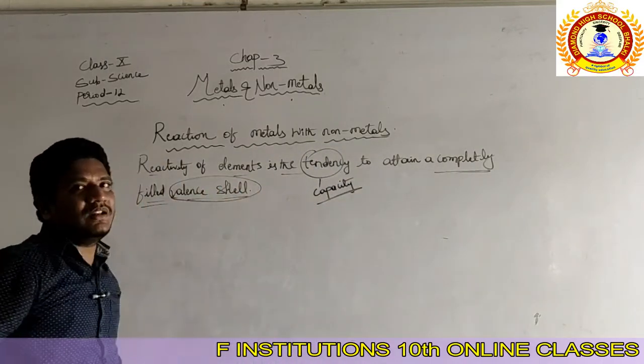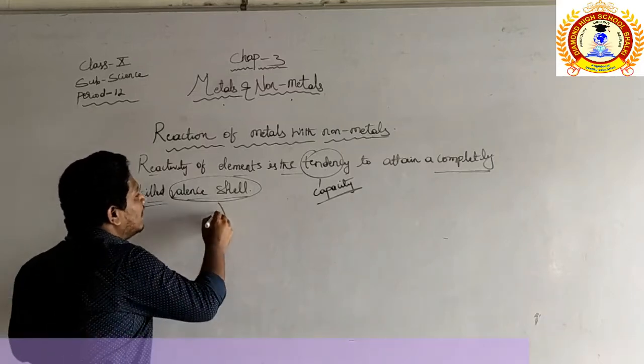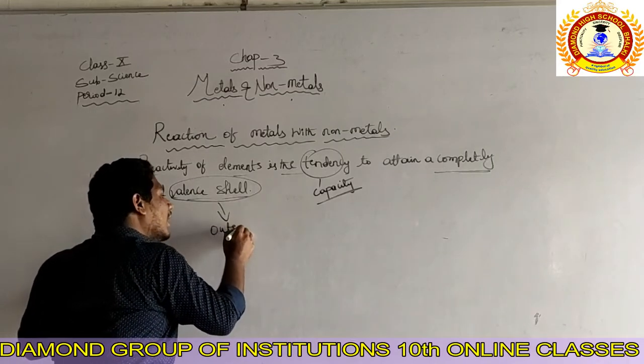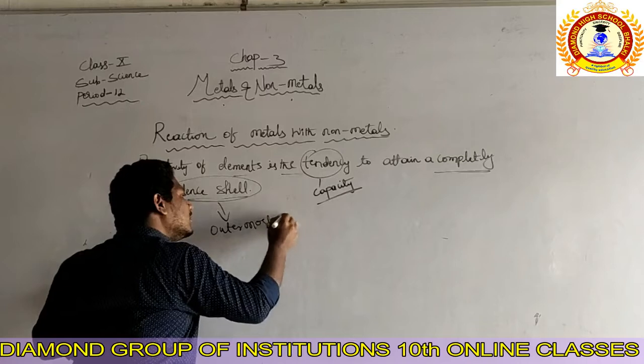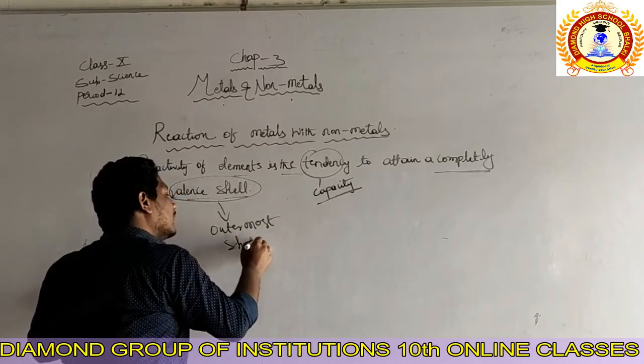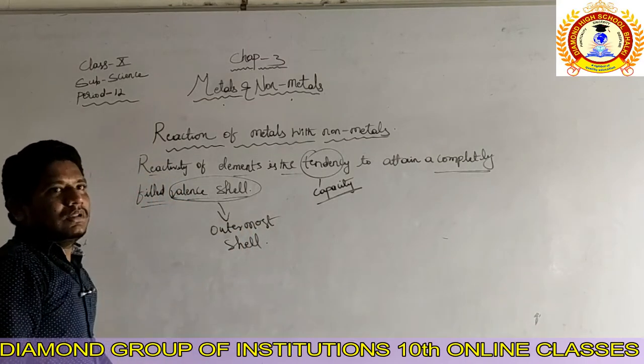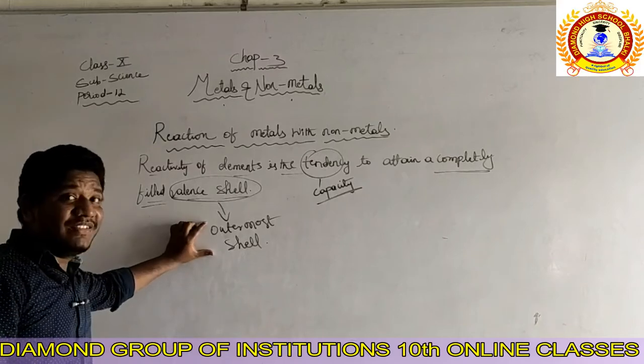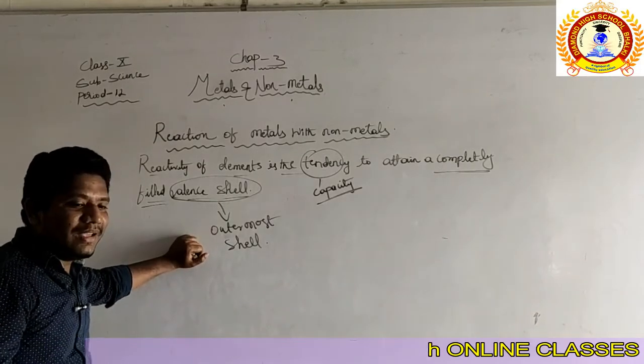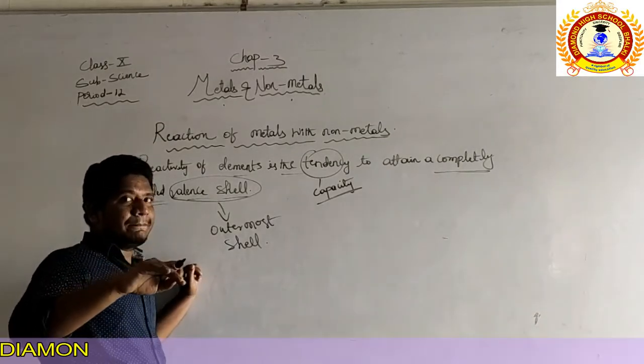What do you mean by valence shell? The valence shell is nothing but the outermost shell. The outermost shell is called the valence shell. Valency is different from valence.